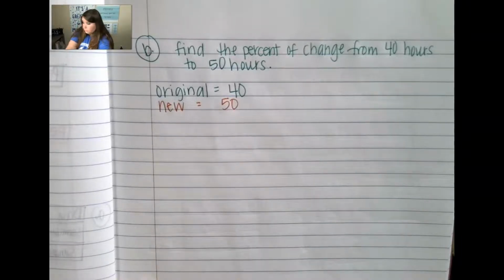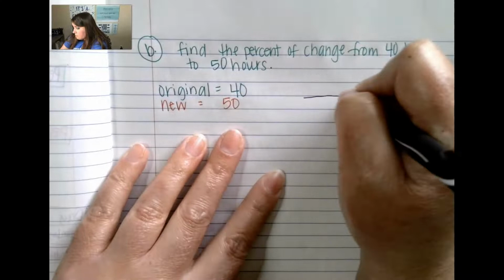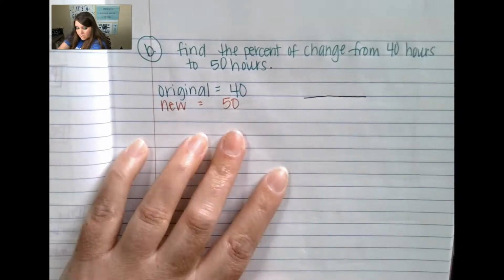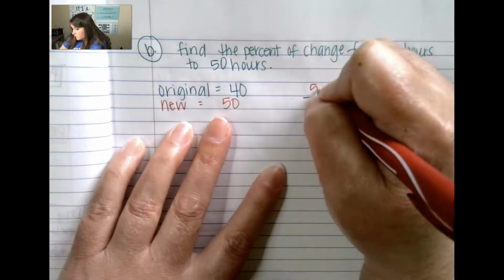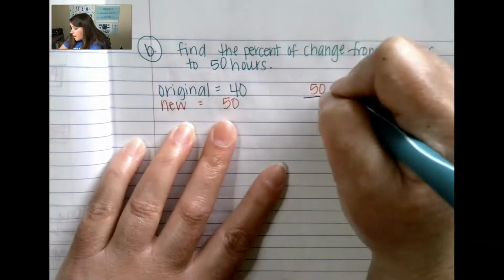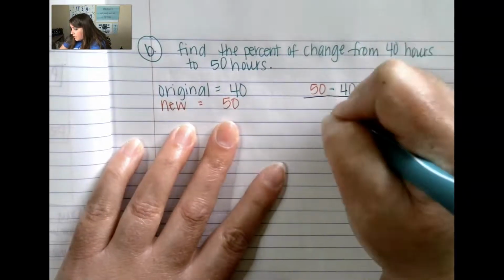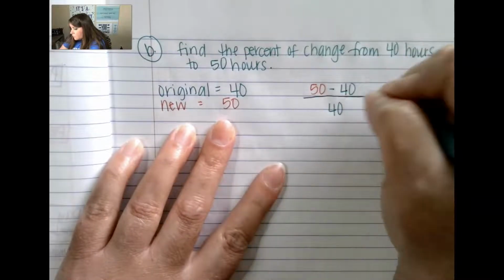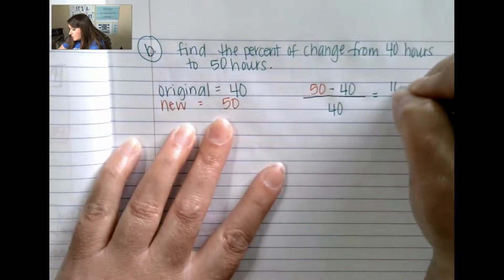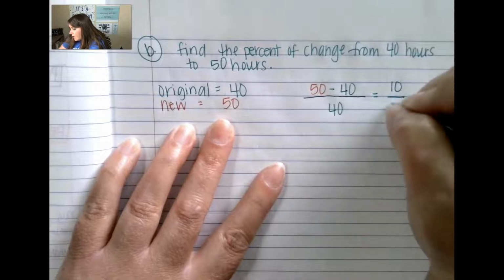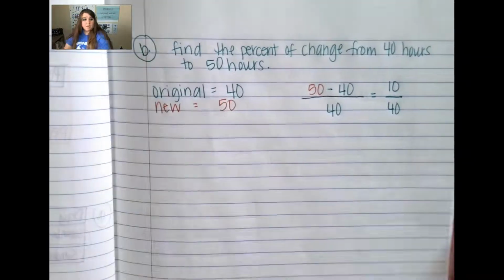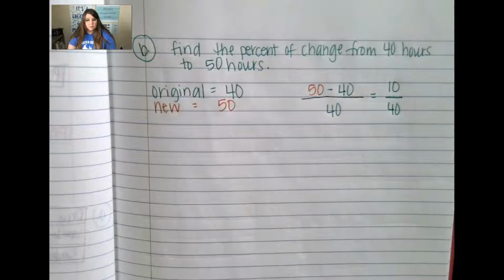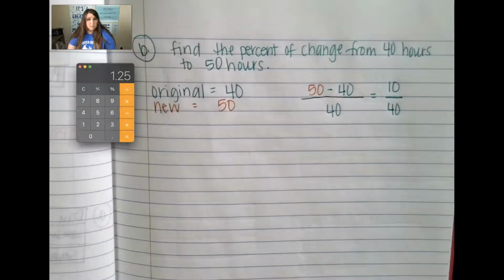So we're going to set up our math problem here. Again, we're starting with the new, which is 50. We're going to subtract the original and then divide it by the original. So 50 minus 40 gives me 10. And 10 divided by 40, so let's pull out our little calculator here, and we're going to do this again.